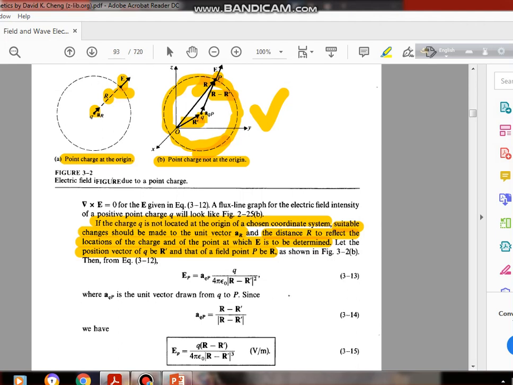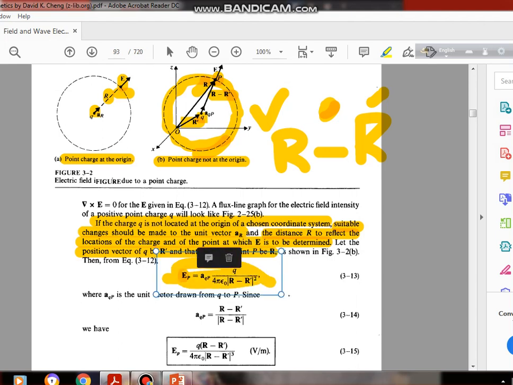From vector algebra we know that if we have the vectors r and r dash, then r minus r dash will be formed. After that, the electric field intensity at the position of P will be written like this.